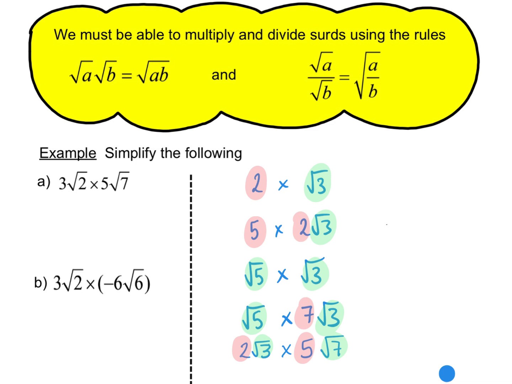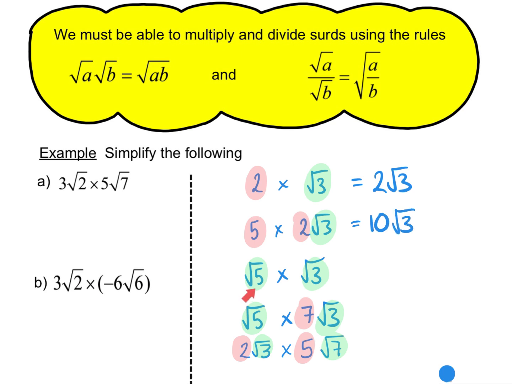The answer to that one would simply be 2 lots of root 3. Now in this one, I've got the rational numbers 5 and 2, and this root 3. The 5 can't multiply the root 3 because this is a rational number and this is a surd, but the 5 can multiply the 2 because they're both normal numbers. So 5 times 2 gives me 10, and the root 3 can't be multiplied by those two.